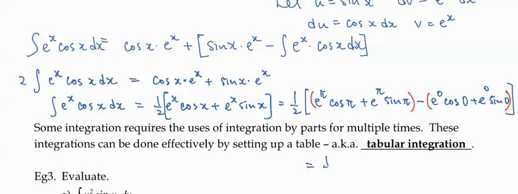In this case, we will end up with e to the pi minus 1.